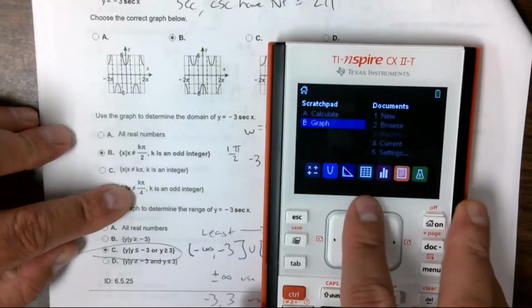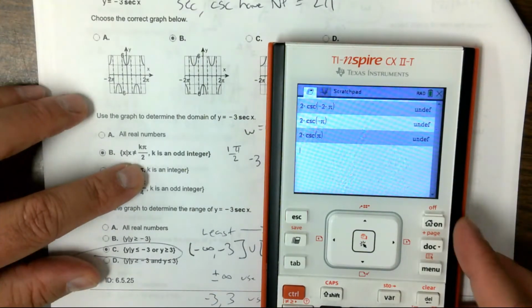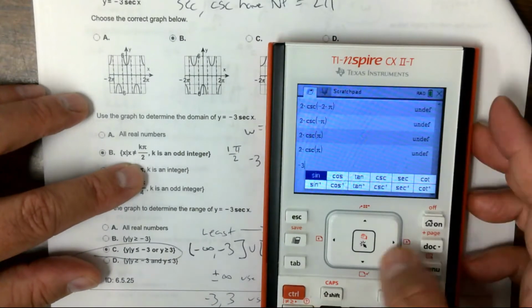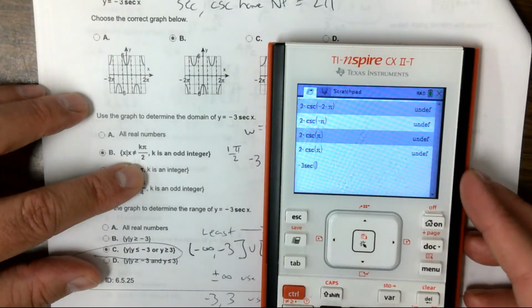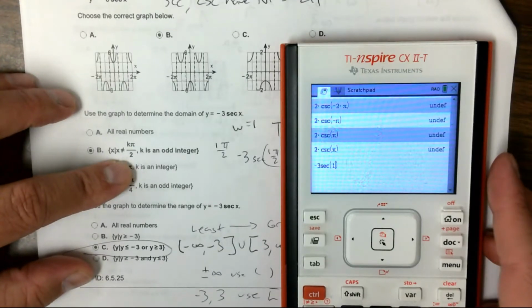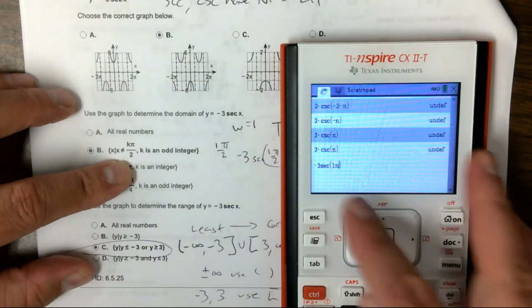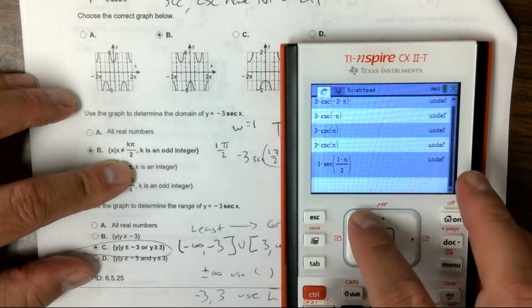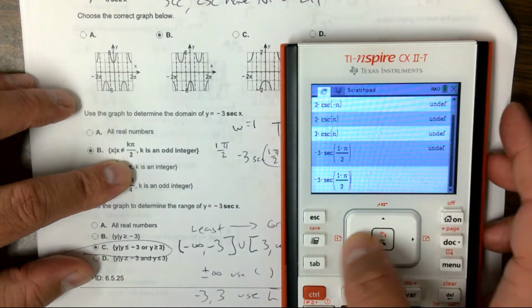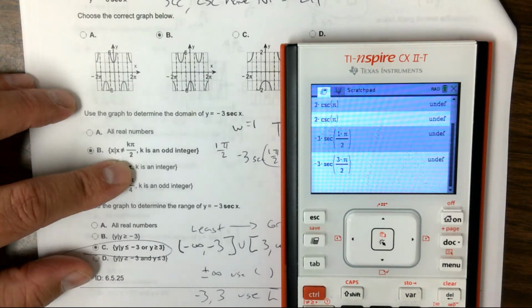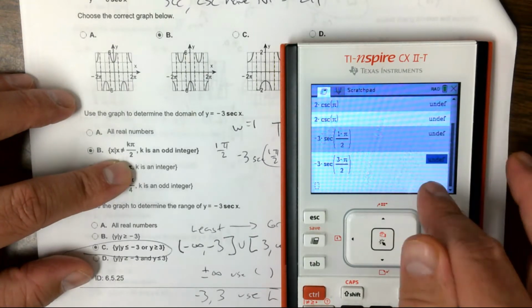If you want to go to here, say negative 3 secant, 1 pi. I don't usually type the 1, but doing that on purpose so that I could change that 1 to be a 3. Okay, and you see it.